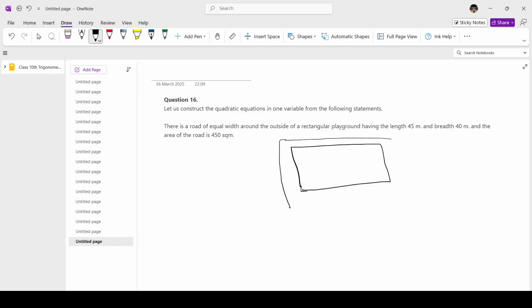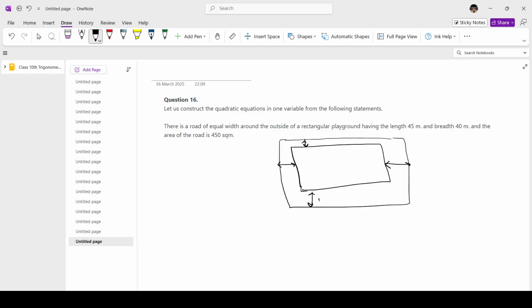I made it a square, but there is an equal width. The value of the width will be the same.